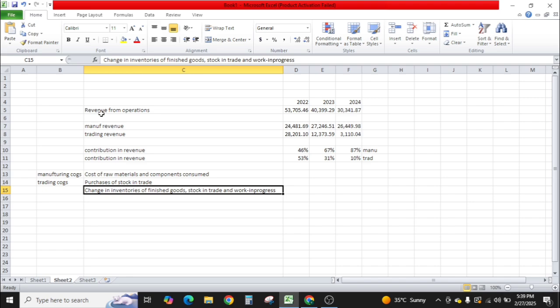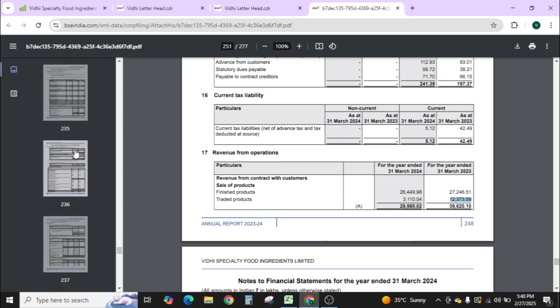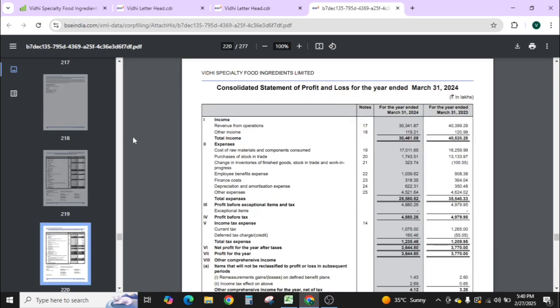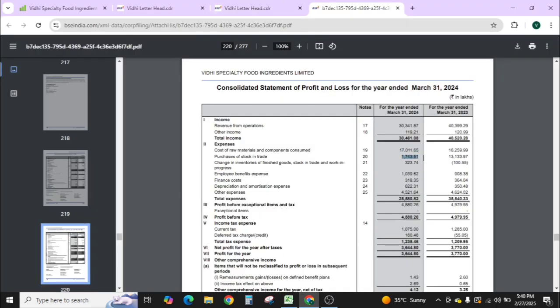अपने को और थोड़ा तोड़ना पड़ेगा ताकि अपने पास ये नंबर आए। तो कुछ नहीं, वो भी हो जाएगा। तो एक बार मैं नंबर पंच कर देता हूँ। 2024 का COGS, this is purchase of stock in trade, trading COGS, and this is we will do more.